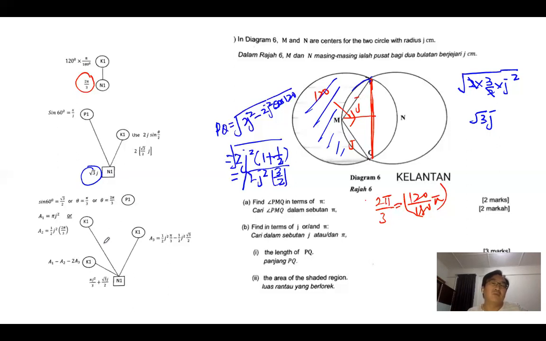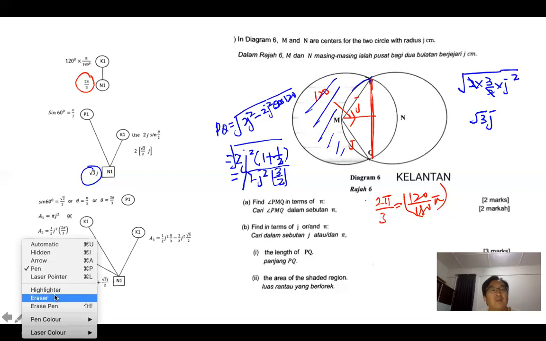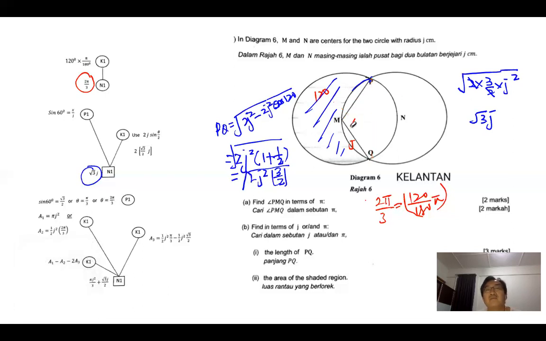And then A2 is area of sector. Okay, A3 will be A3. Okay, so I need to process what they are doing here. Okay, area of the shaded region. Okay, let me clear this part. Area of the shaded region. I think should be here.